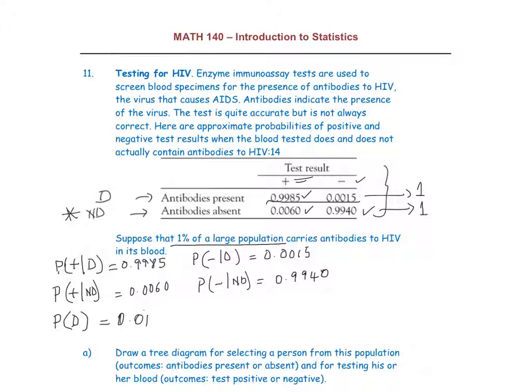Now the only other possibility is that the person randomly selected does not have the disease, and that is equal to 1 minus the probability that the person has the disease, so that is equal to 1 minus 0.01, which is equal to 0.99.